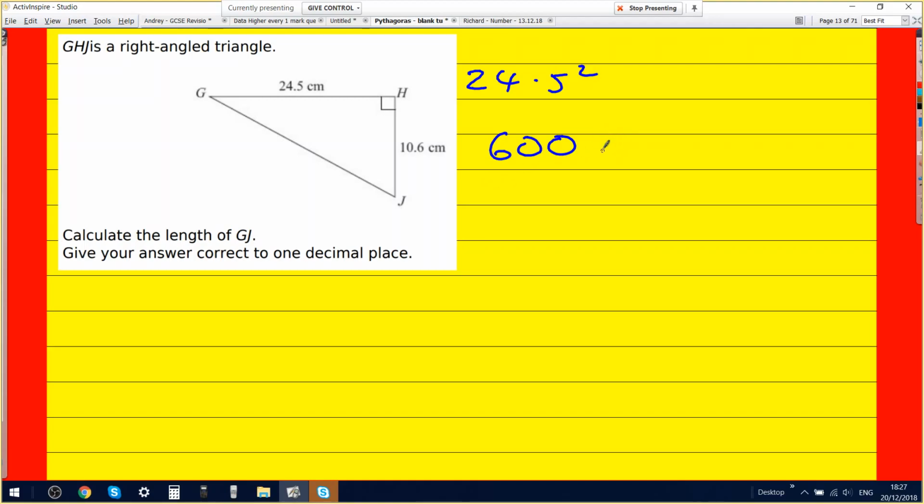Okay, go on. 10.6 squared is 112.36. Okay, what then? What do I do with them now? Add the two.